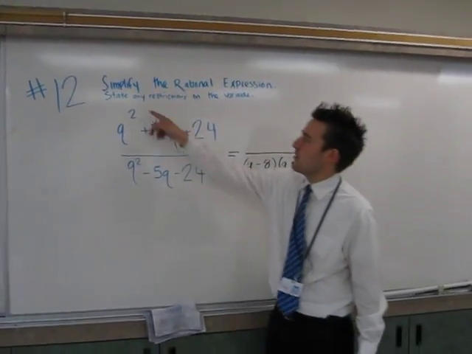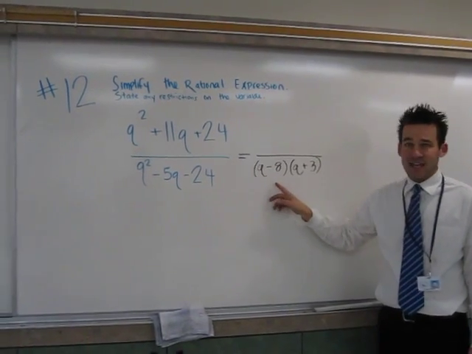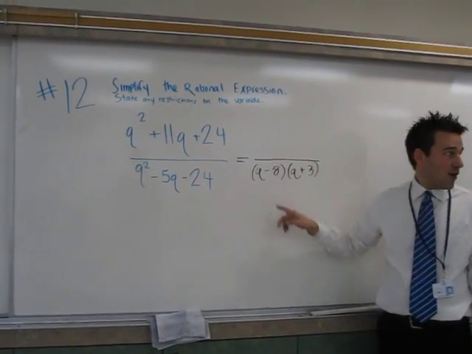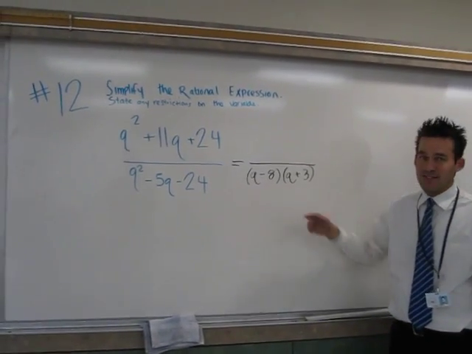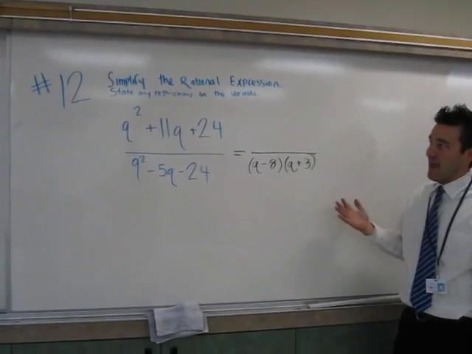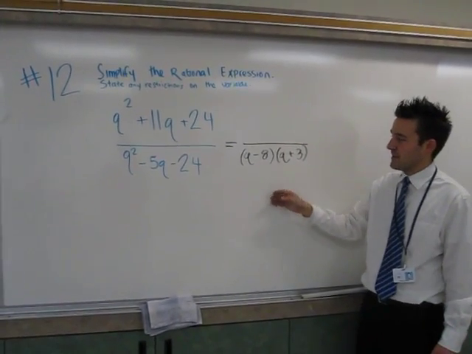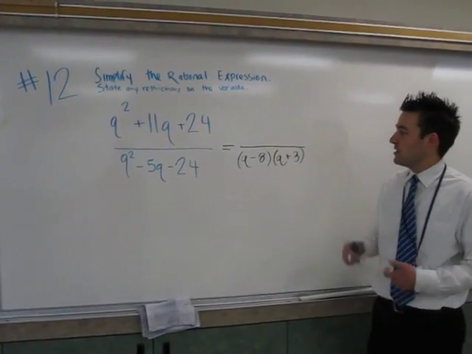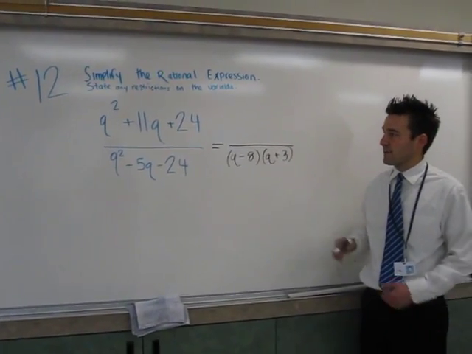But let's talk about stating any restrictions on the variable. Notice that if q equals 8, or if q equals negative 3, we have a 0 in the denominator. That's bad, so that would be a restriction. So the two restrictions are going to be q cannot equal positive 8, and q cannot equal negative 3.